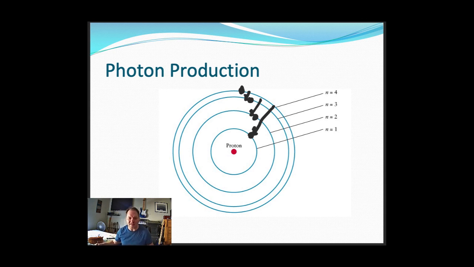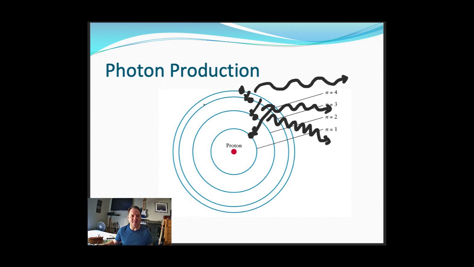So obviously this biggest jump is going to produce photons of a higher frequency. Yes, that does mean shorter wavelength. This little tiny jump from 4 to 3, these photons are going to have a longer wavelength, a lower frequency. And this guy in the middle, somewhere in between.